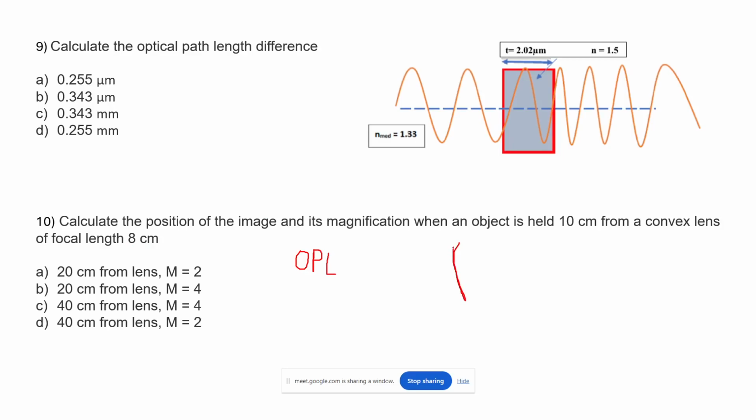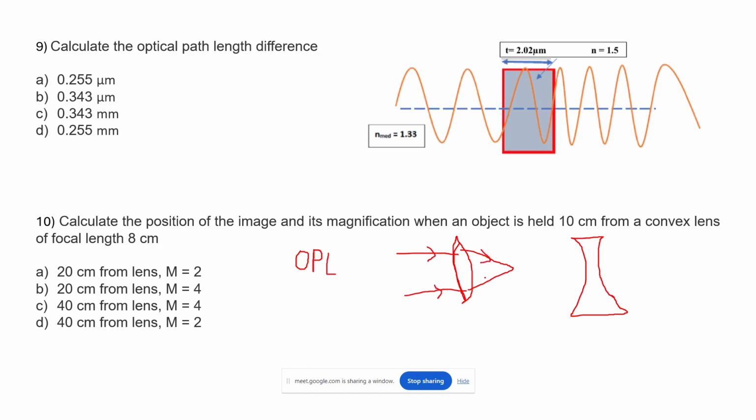All of you know the difference between the convex lens and a concave lens. This kind of lens is, sorry, a convex lens, and this is the concave. Basically, this is the convergent lens where the light rays get converged.